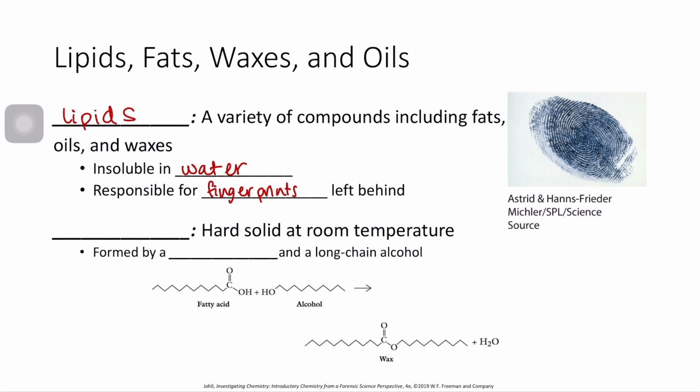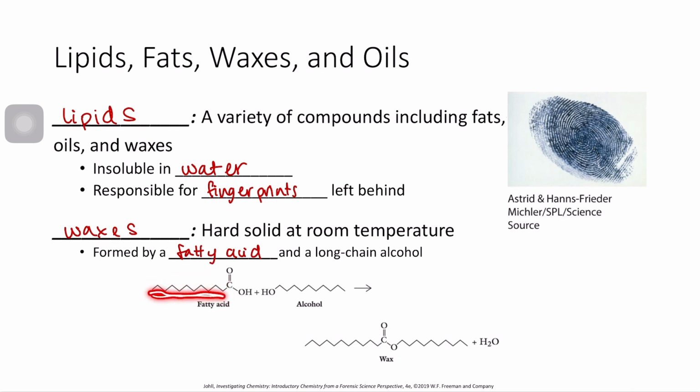Waxes are a type of lipid, and they are a hard solid at room temperature. They are formed by a fatty acid and a long chain alcohol. So here is an example of a fatty acid right here. The carboxylic acid portion is here, and then the CH groups are here.